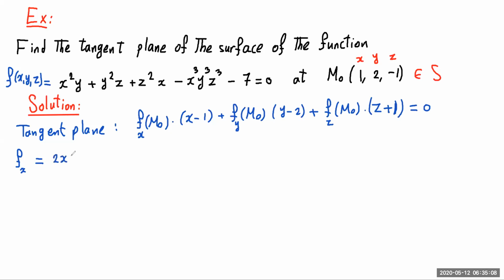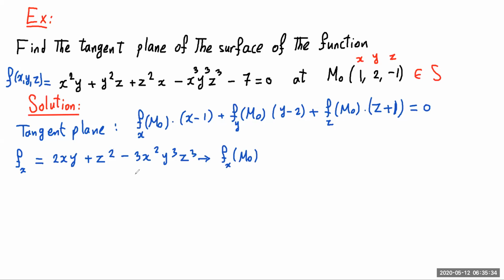It's 2xy, here 0, and here plus z^2. And this term will be minus 3x^2 y^3 z^3. So what is f_x at M0, at the point 1, 2, minus 1?